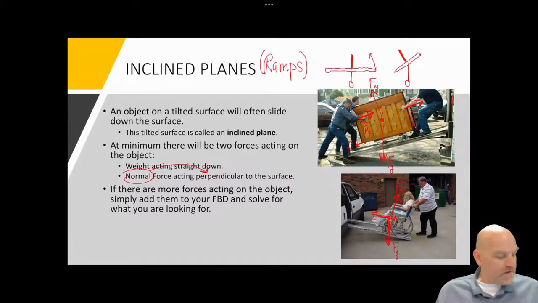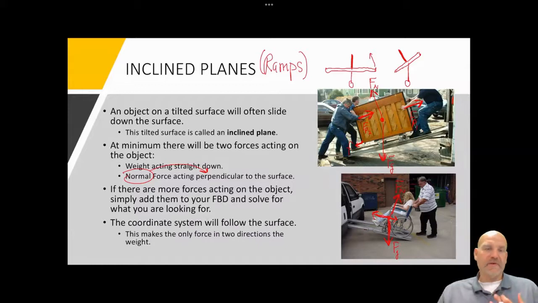Now, one thing you have to know is that the coordinate system needs to follow the surface. If the surface is tilted, our positive directions will follow that surface. What that does is put one force in multiple directions, and that's our weight.